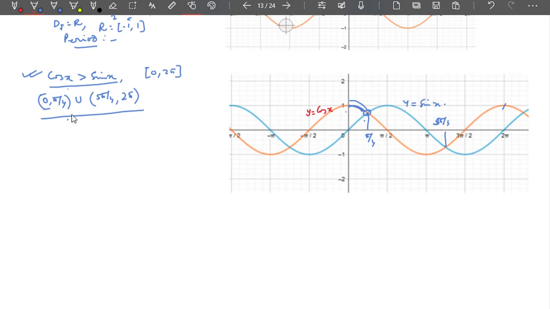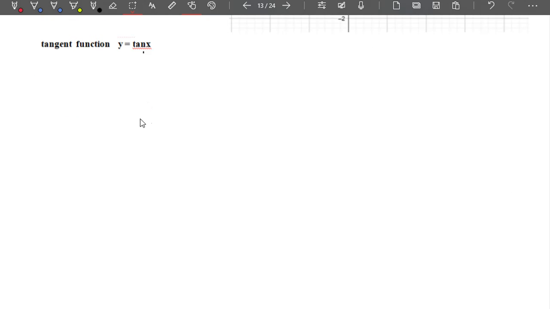Okay, now coming to the next graph. Tangent function. The domain of the function is R minus odd multiples of pi by 2, where n belongs to the set of integers.